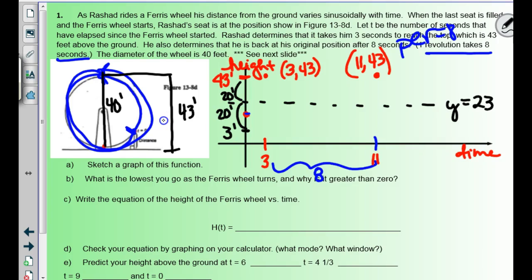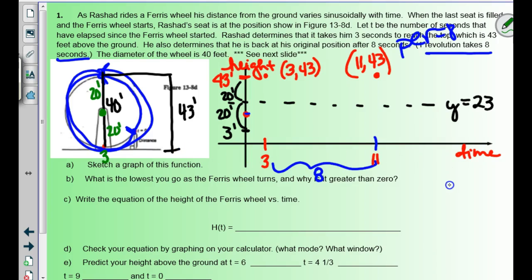Yes. So go back over here and look at the picture and think about this for a minute. He got on, he was 3 feet above the ground. He got higher, higher, higher, all the way up to 43. Going back around, this is 20 and this is 20. That's the radius, and the radius tells us the amplitude. Does that make a little bit of sense? Okay.